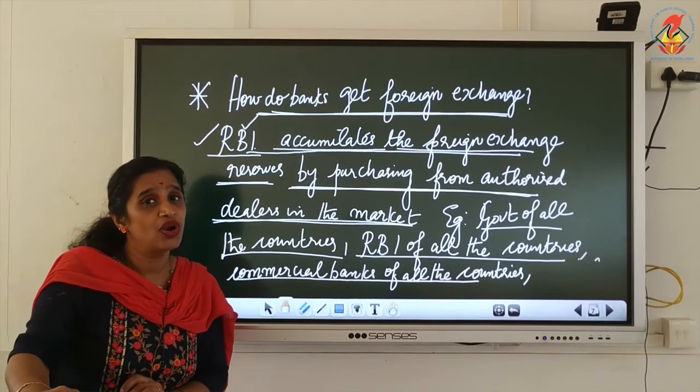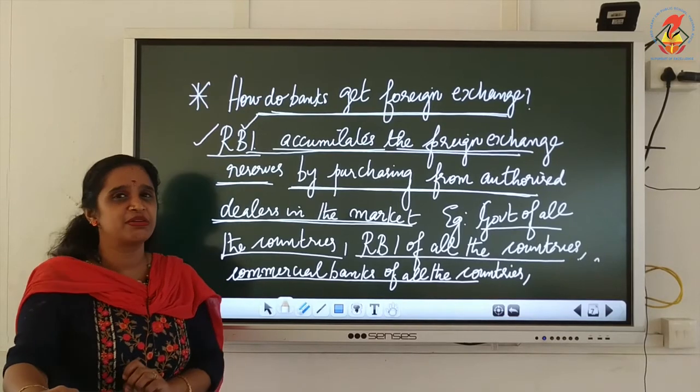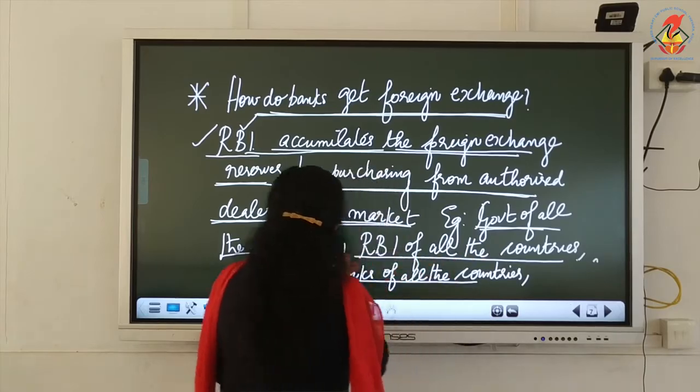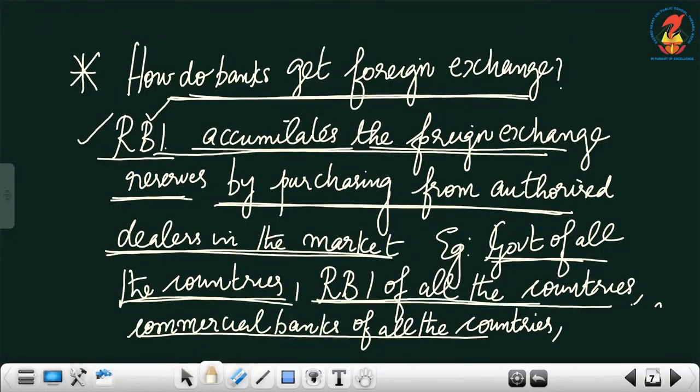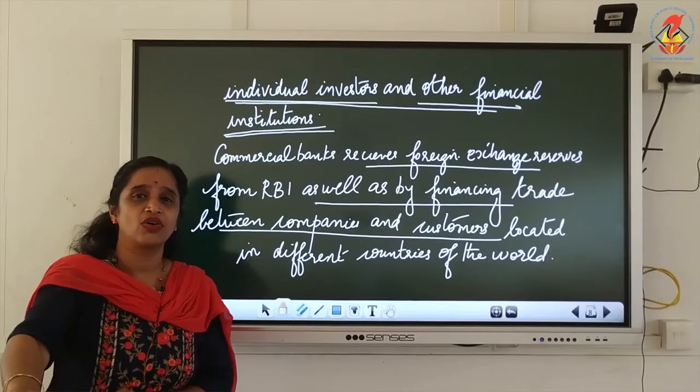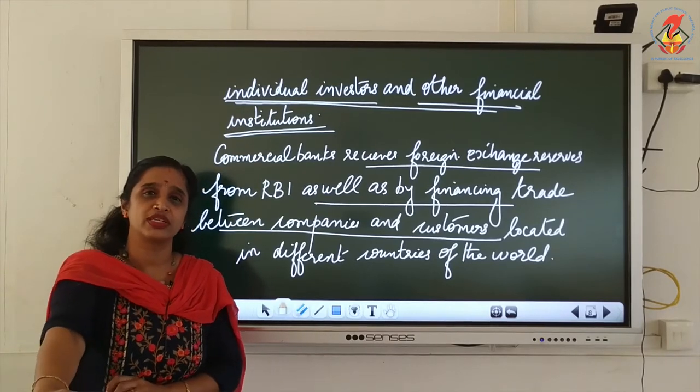Let us see who all are the authorized dealers in the market. Authorized dealers are the governments of all the countries, the Reserve Banks of all the countries, commercial banks of all the countries, then individual investors and other financial institutions of all the countries. All these are the authorized dealers of the foreign exchange reserves.